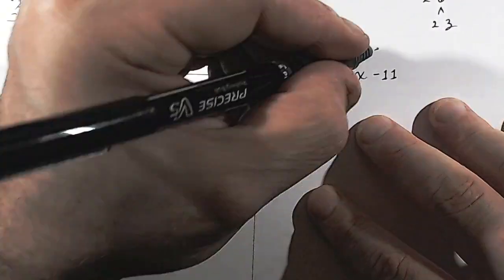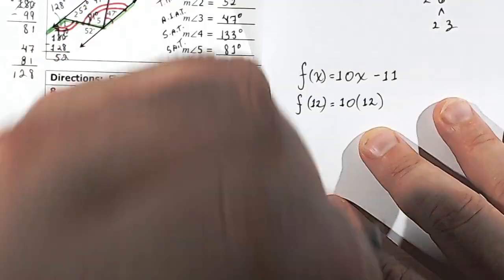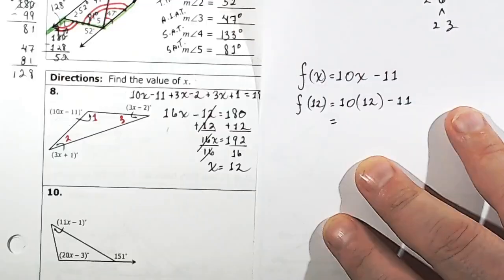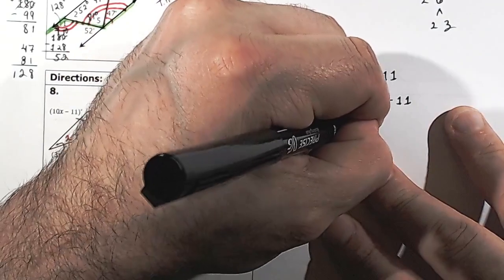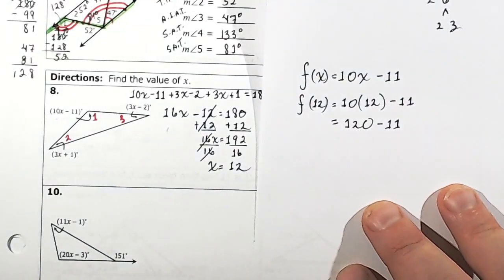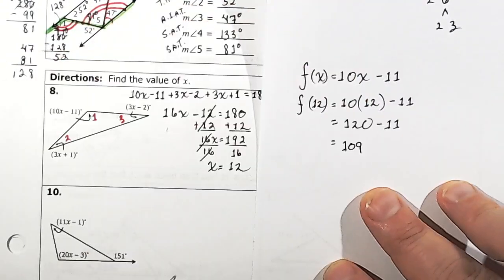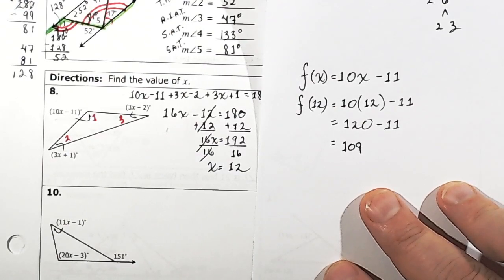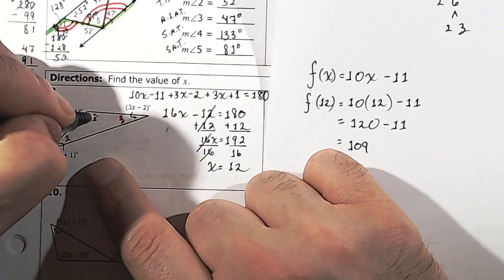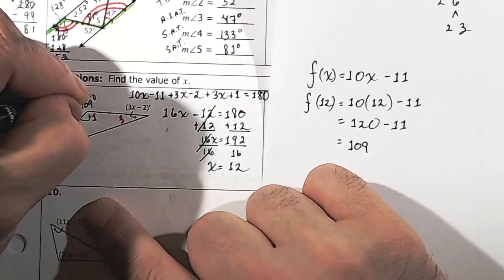This would equal 10 times 12 minus 11. 10 times 12 is 120 minus 11, that'd be 109. Right, 120 minus 10 minus 1. Yep, 109. So this angle right here, angle 1, is 109 degrees.